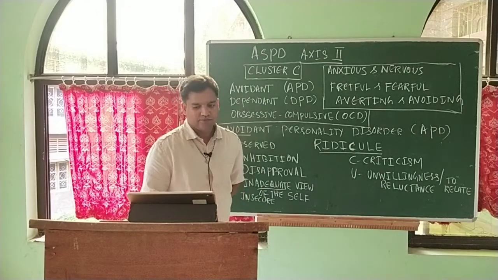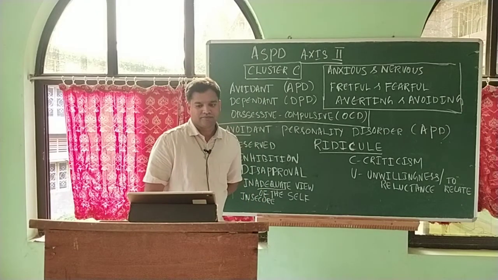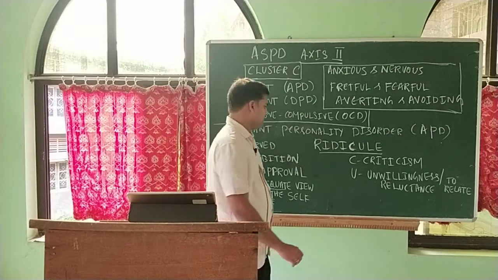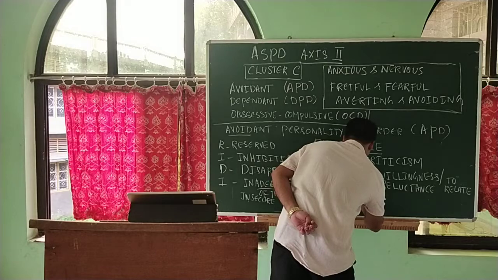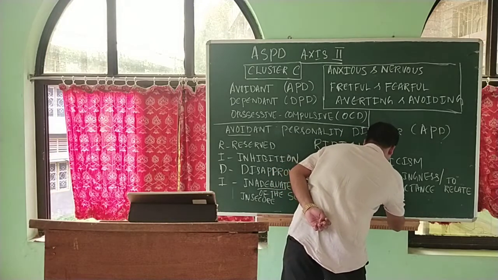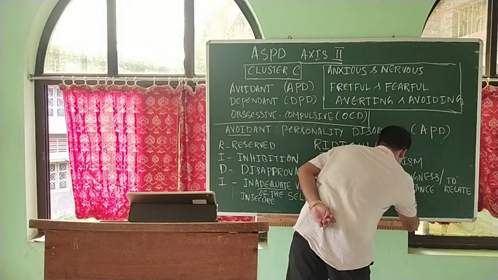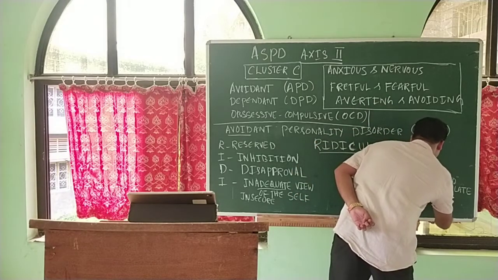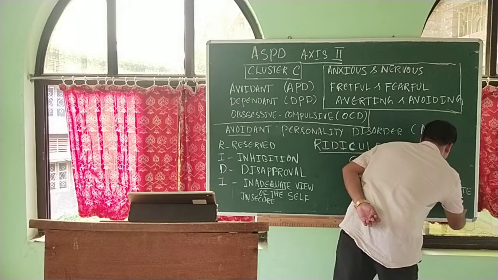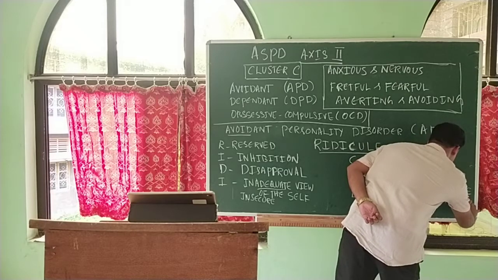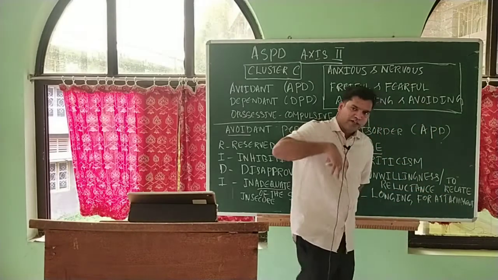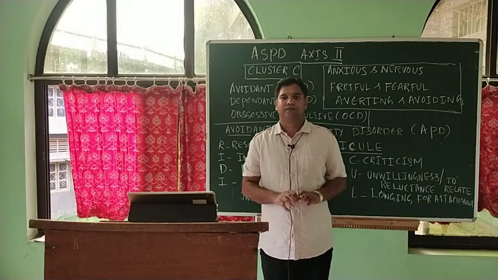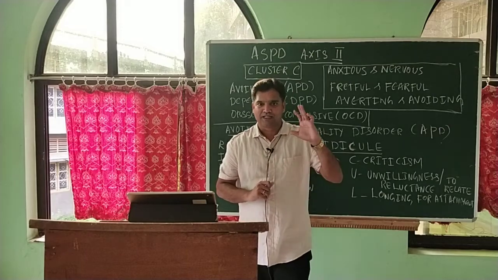And L stands for longing. L for longing. Longing for attachments. They have a basic longing for some attachments, but they don't get attached because of the fear, because of anxiety.